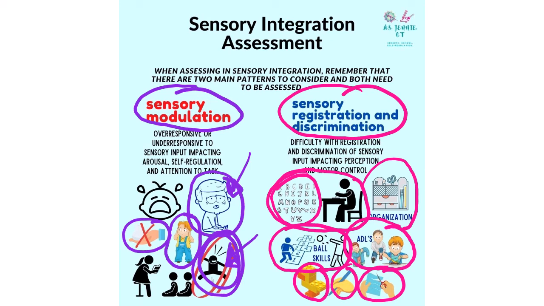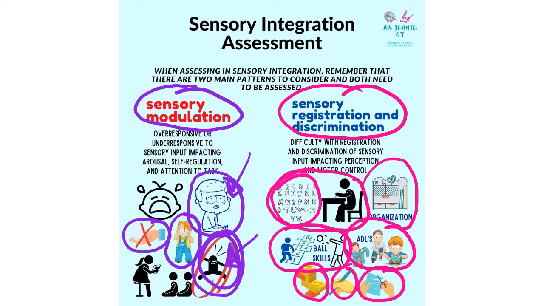They don't know how to motor plan and how to sequence and how to manipulate their materials in an organized way. So the sensory registration discrimination are really your motor planning kiddos and your kiddos that have bilateral integration deficits or posture and ocular motor deficits.